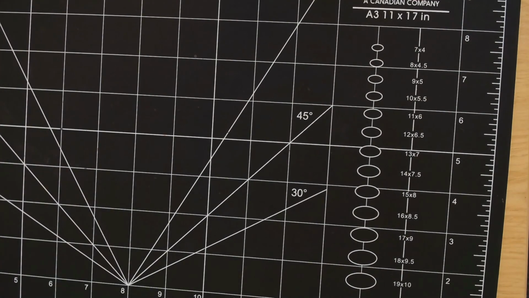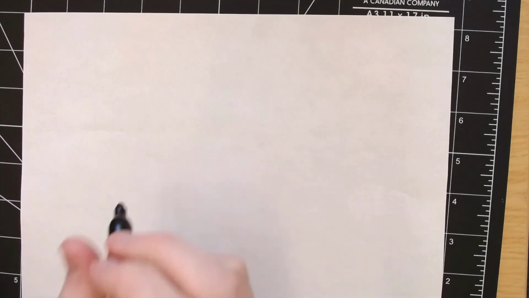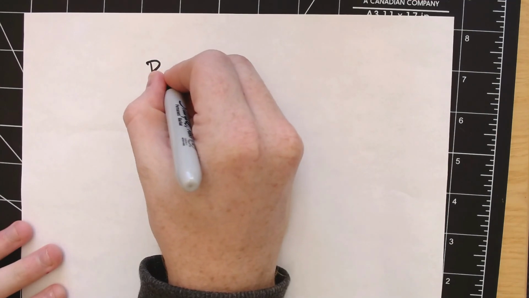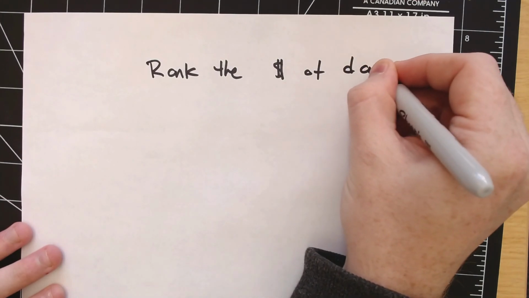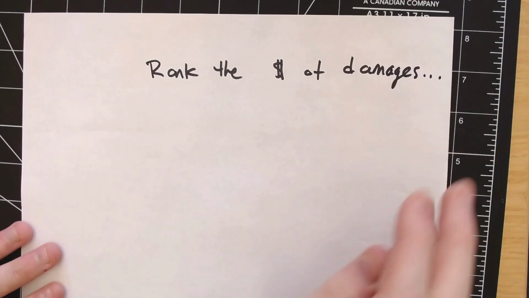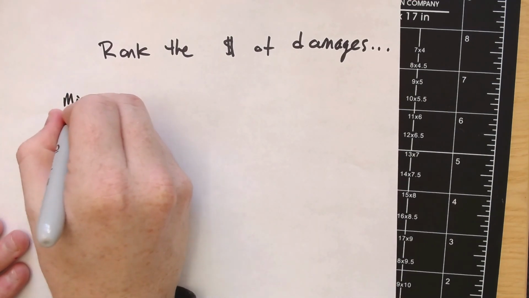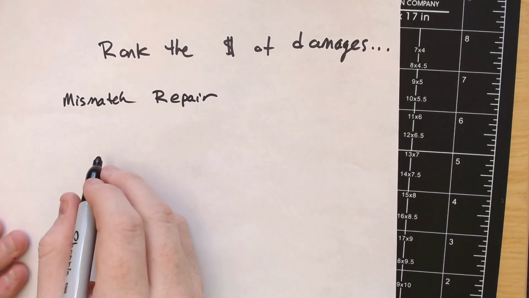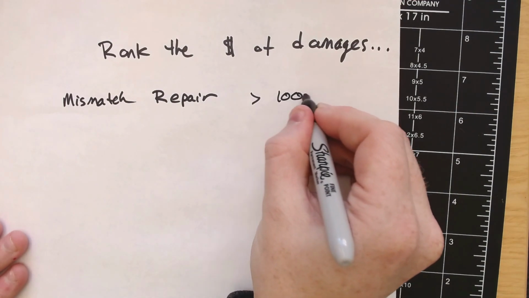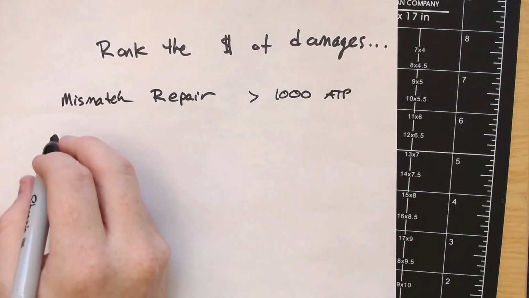And so if we were now just to rank the costs of the damages, what we found from our analysis was that mismatch repair could easily be more than 1,000 ATPs worth of cost.